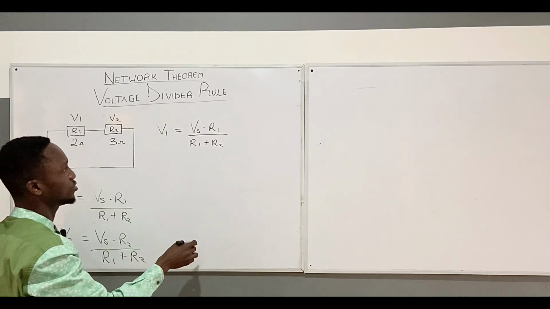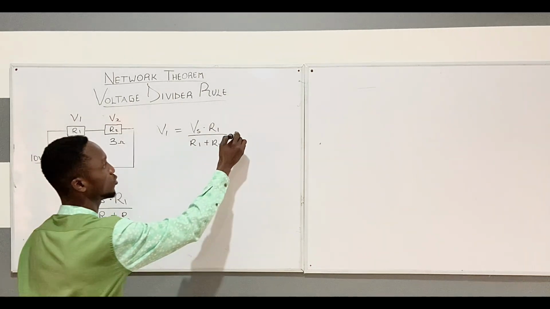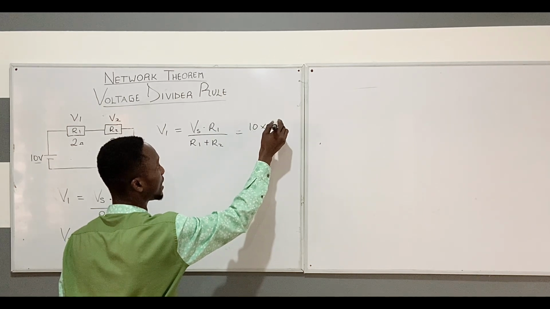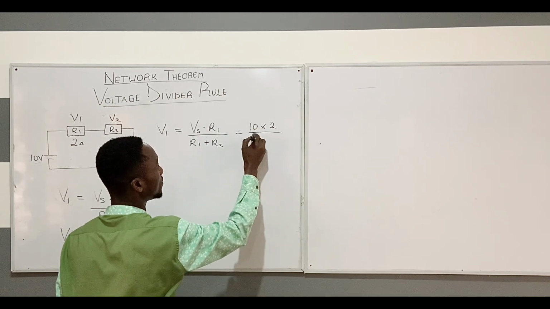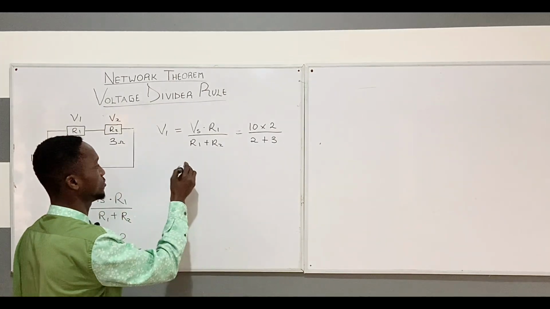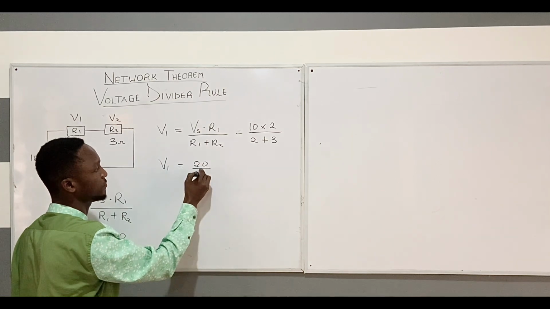Now let's substitute the values. We have Vs to be 10 volts, so we have 10 times 2, all divided by 2 plus 3.